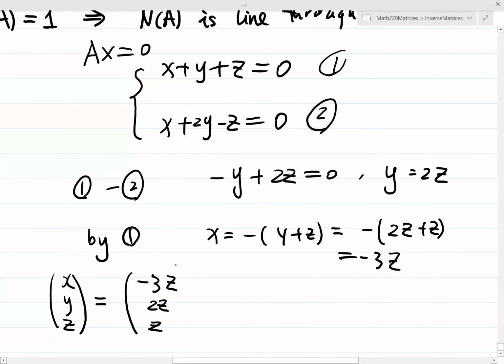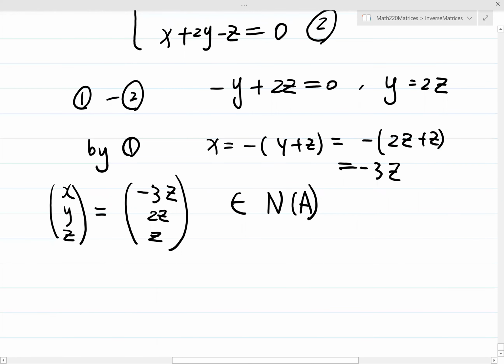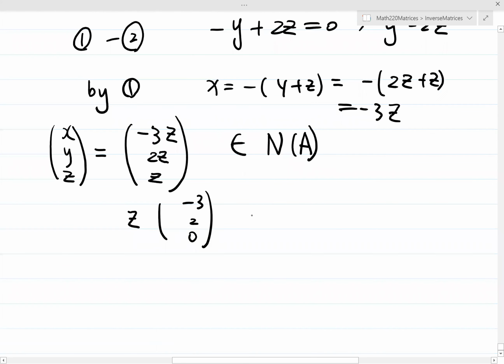This is the null space of A. So the null space is spanned by a multiple of this direction, negative 3, 2, 1. We have a direction vector, so this is indeed a line.